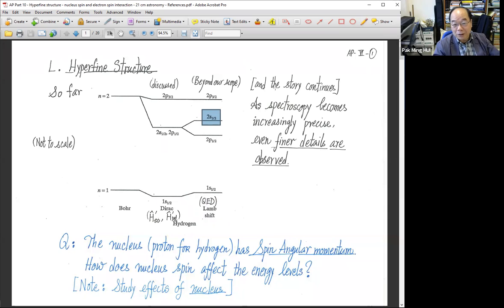However, the story continues when experimental detection techniques become more and more precise, more and more sensitive.